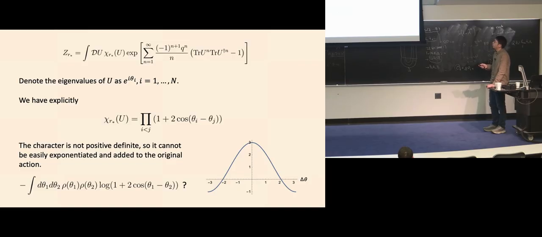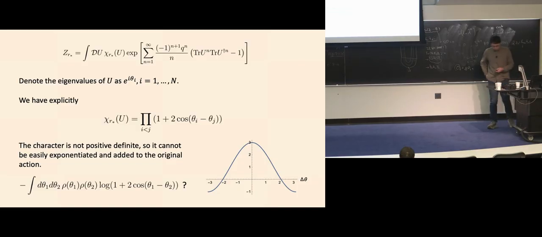The idea of how you would usually analyze this is to diagonalize the unitary matrix U, and denote its eigenvalues as e to the i theta_i, where i runs from 1 to n. And then you can explicitly compute what this character is. This character has a simple form: a product over i less than j, where each term is 1 plus 2 cosine of theta_i minus theta_j.